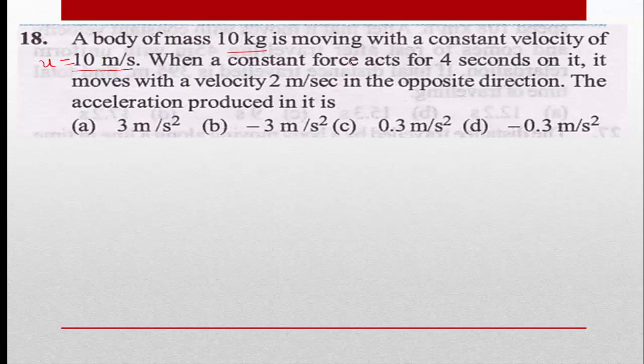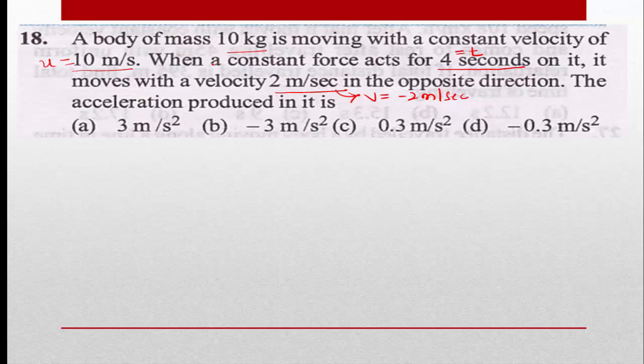And when a constant force acts for 4 seconds, that is t equal to 4 seconds, on it, it moves with a velocity of 2 meter per second in the opposite direction, that is v is equal to minus 2 meter per second. The acceleration produced in it is, the problem is like this.